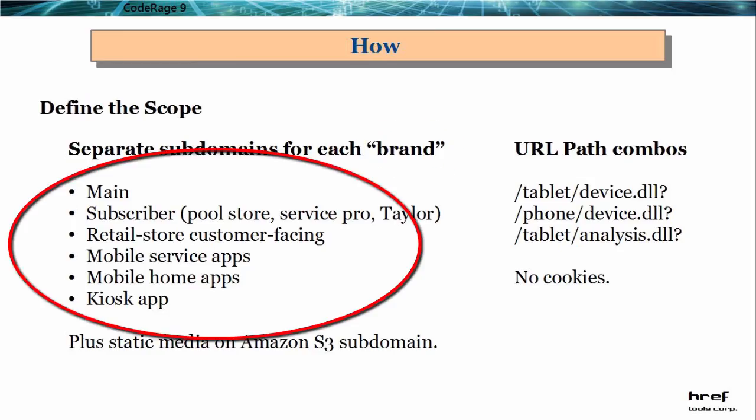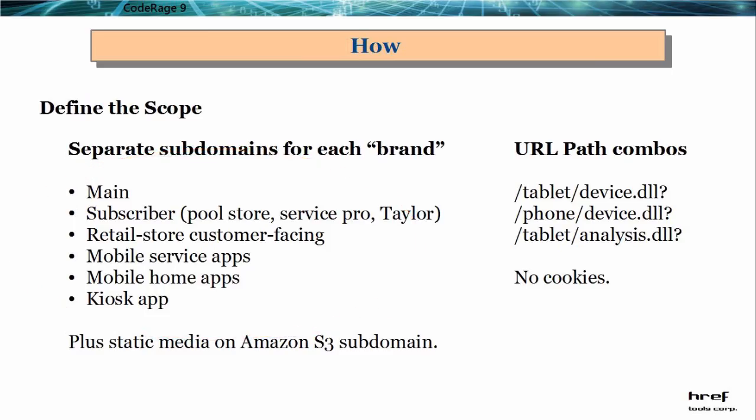Subdomains are used to let the web application know what type of face to present to the client device. To further identify the request, various combinations were used in the URL. The presence of phone meant to provide a small portrait user interface. The presence of tablet told the app to provide a larger landscape interface.